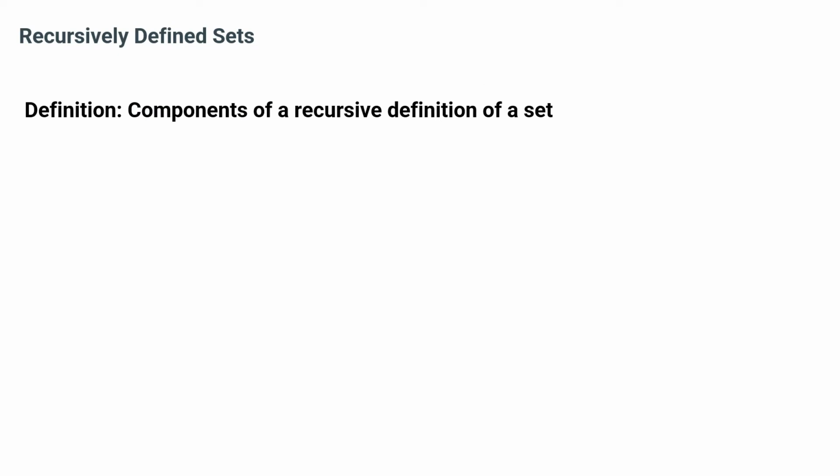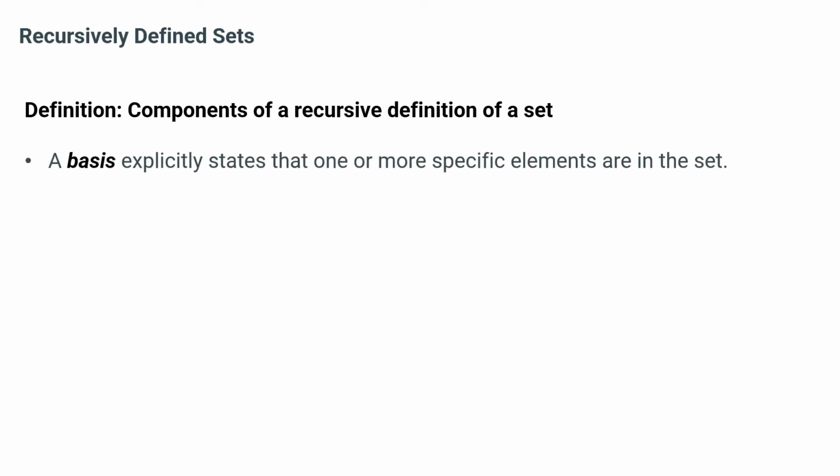Now let's move on past functions and talk about recursively defined sets. For a recursive definition of a set, we're always going to start with what's called the basis. The basis explicitly states just one or more specific elements that are in the set.